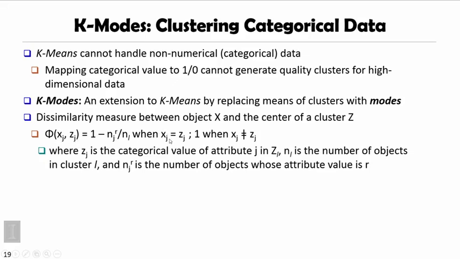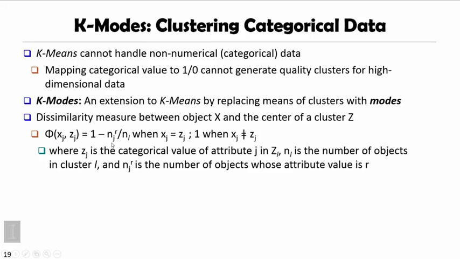Essentially, if this value is not equal to the center on the same attribute, they are different, then we just say the distance is 1 because it's very dissimilar, or the distance is the largest. However, when this value is equal to the attribute center here, then we use this formula.